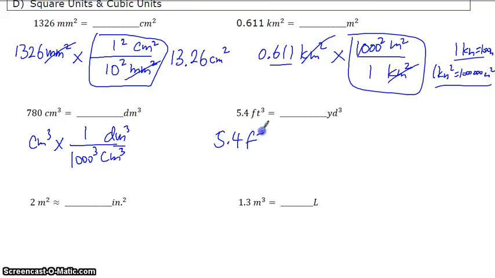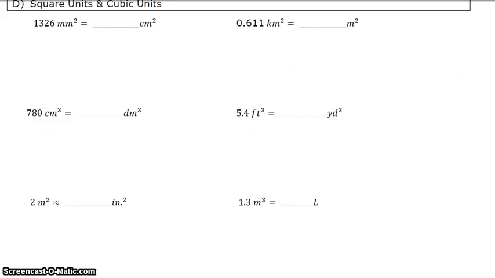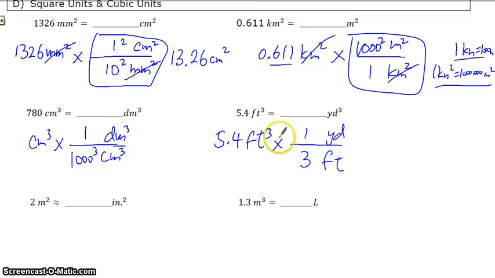And it also works with the imperial system. We could convert feet to yards. I know 1 yard is 3 feet, but this is only for the units. How about for cubic? Then you need to cube everything. How come I don't put a cube here? Because 1 cubed is still 1.